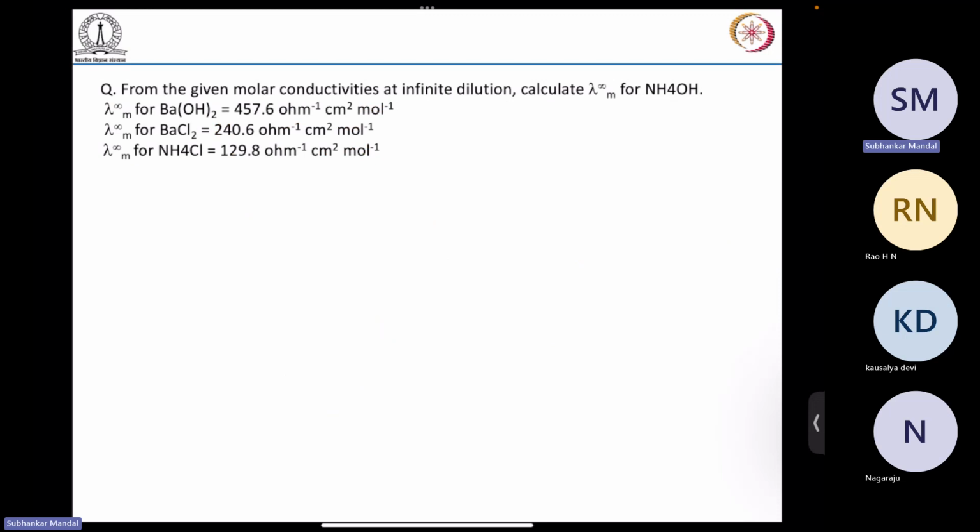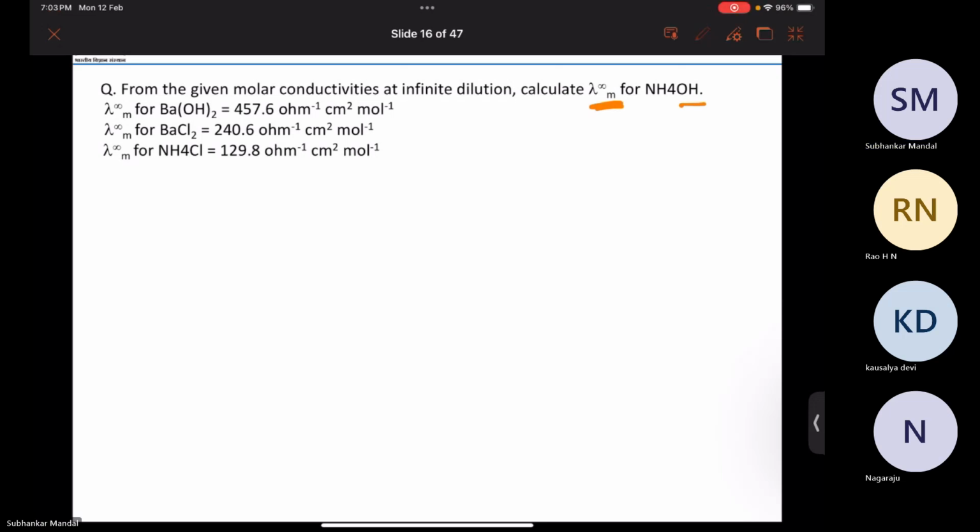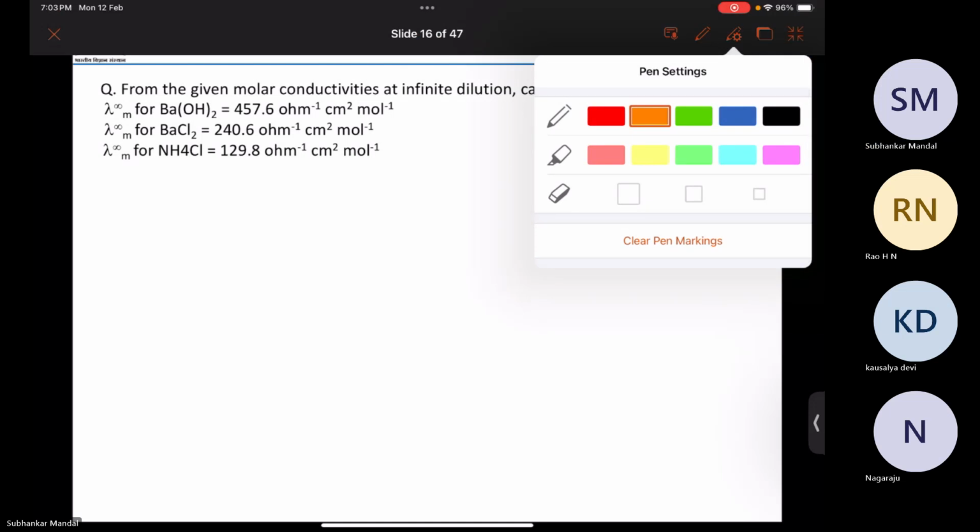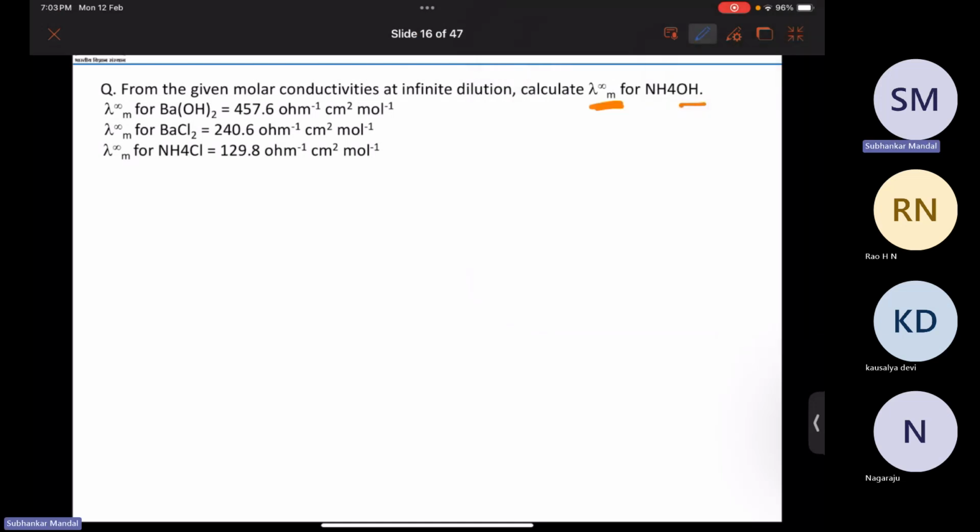This kind of question usually comes in exams like NET. It is given that from the given molar conductivities at infinite dilution, calculate the infinite molar conductivity for ammonium hydroxide. What have they given?